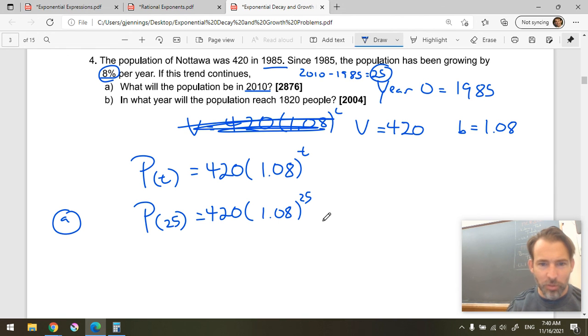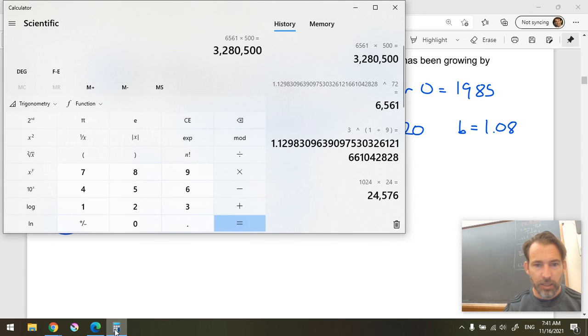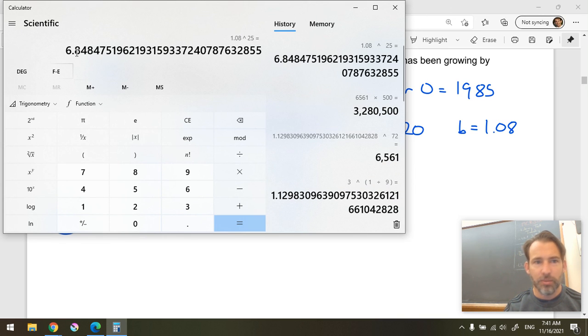We were doing the last problem for today. So here, this is how we would evaluate this one. We have 25 years of 8% growth, which is a very quickly growing city. Let's find out what that is. 1.08 raised to the power 25 equals... it's almost 7 times as big. 8% growth over 25 years. 8% is a good return on investment for your money.